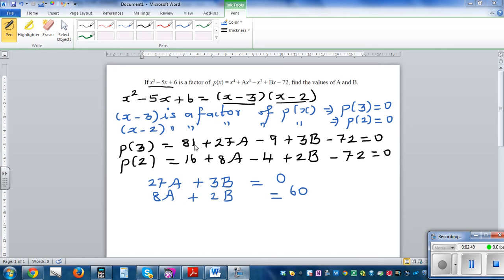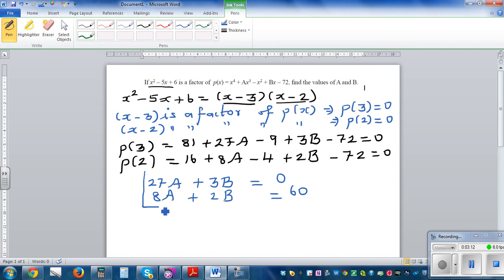So simplifying this, you can see 27a plus 3b, so 81 minus 9 is 72, take away 72 is 0, and this is 8a plus 2b, and if you simplify this, so this is going to be how much? 12. So plus 12 take away 72 is minus 60, and now you have to just solve this.